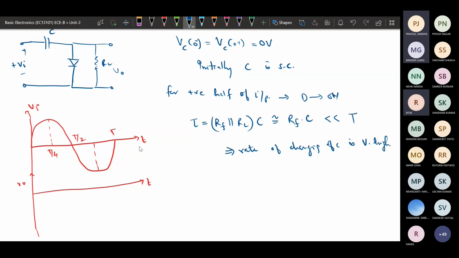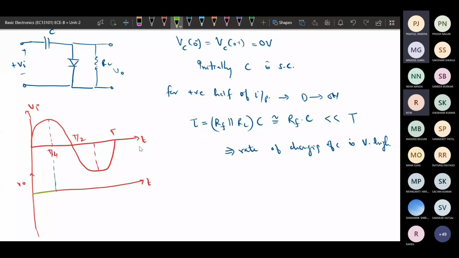If this is the case, then up to the time period of T by 4 the diode will be on and the capacitor has been charged. Up to here it is on, so the output will be 0 volt. Up to T by 4 it will be 0 volt, and after T by 4 the capacitor has been charged.